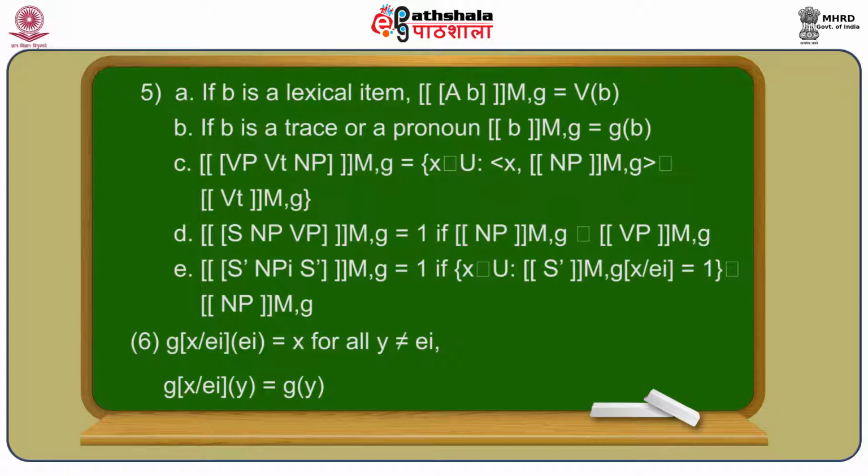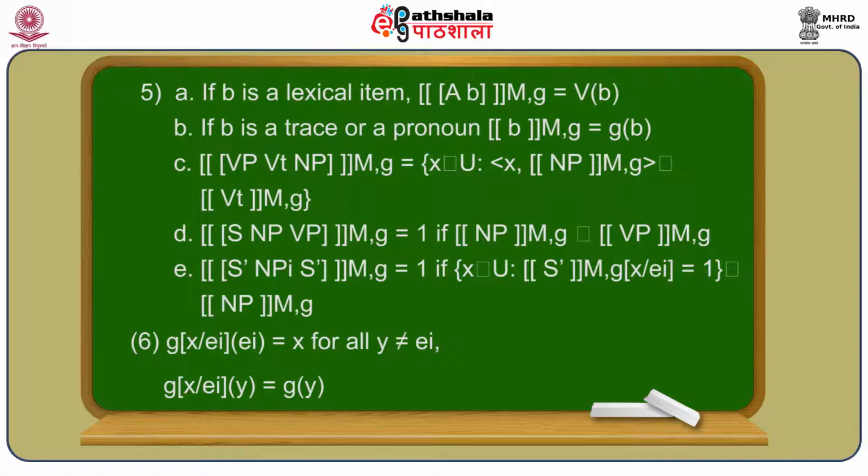A VP that dominates V and NP gets the value: the set of all x's, such that the ordered pair consisting of x and the semantic value of the noun phrase NP with respect to M and g is a member of the transitive verb with respect to M and g. If an S dominates NP-VP, that's 1 if and only if the semantic value of the noun phrase with respect to M and g is a member of the semantic value of the VP with respect to M and g.